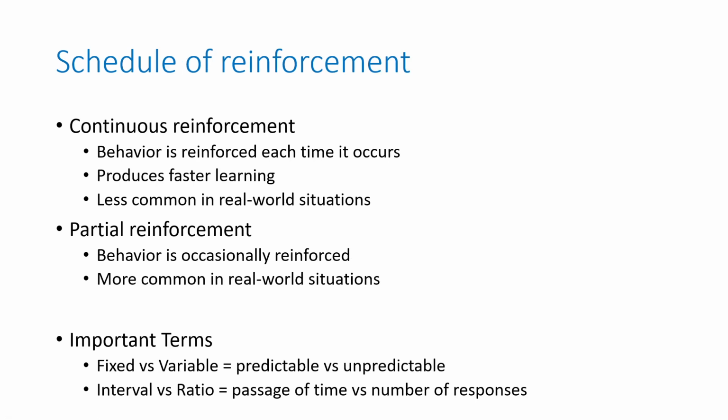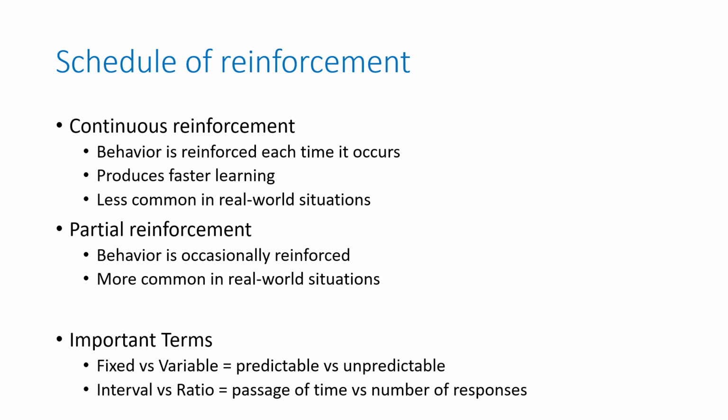Now, how we give these reinforcements actually has an important role in how learning occurs. So there are several different ways that we can provide reinforcement. One of these is what we call continuous reinforcement. This is when a behavior is reinforced every time that it occurs.